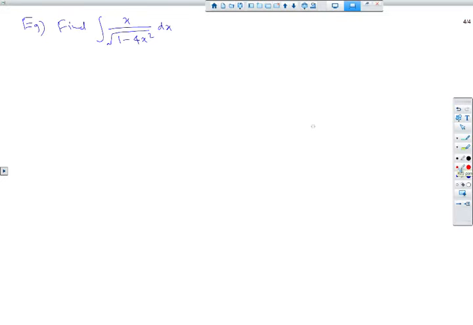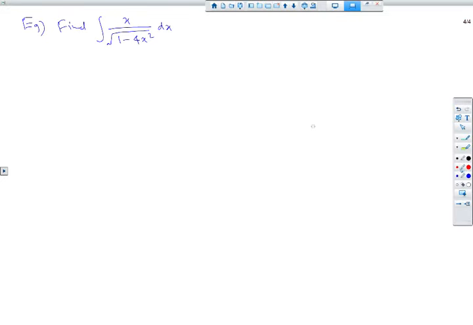So how about this one? Find the integral of x over the square root of 1 minus 4x squared dx. So let's do the test.